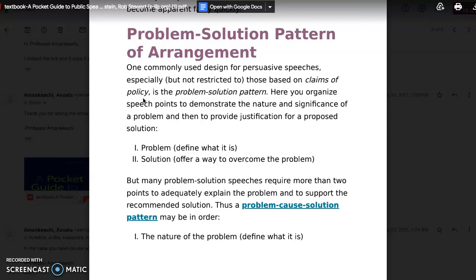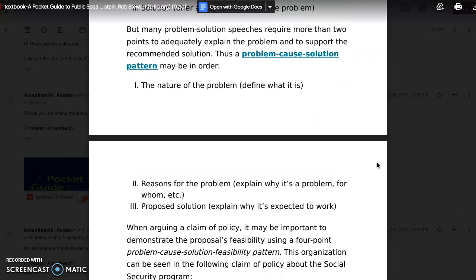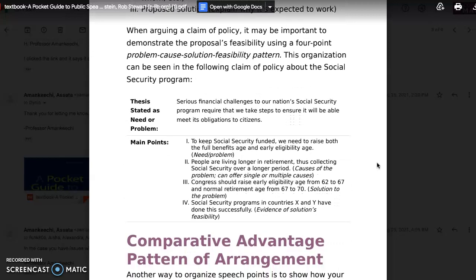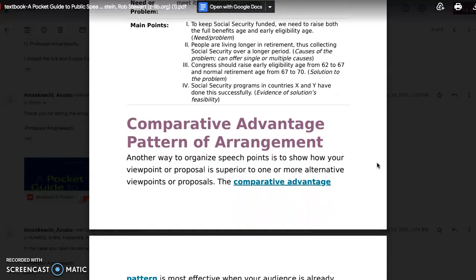So this is fantastic for that. And here you organize your speech points to demonstrate the nature and significance of a problem and then provide a solution. All right, so that's a problem solution pattern of arrangement. And you can find this in your book. They tell you more about how to write a problem solution speech.